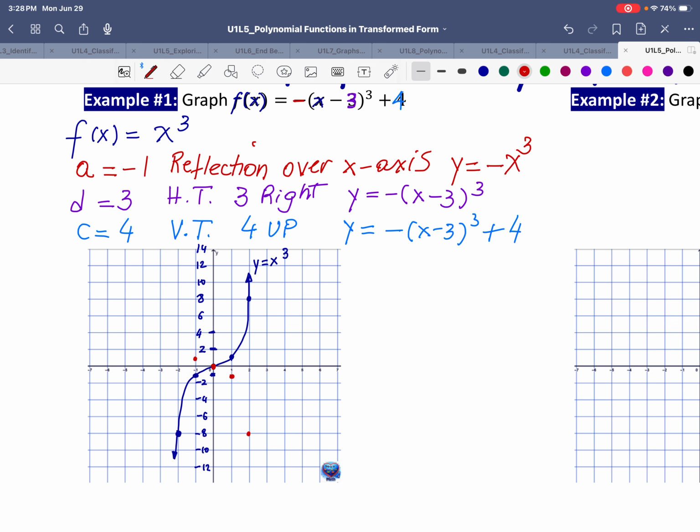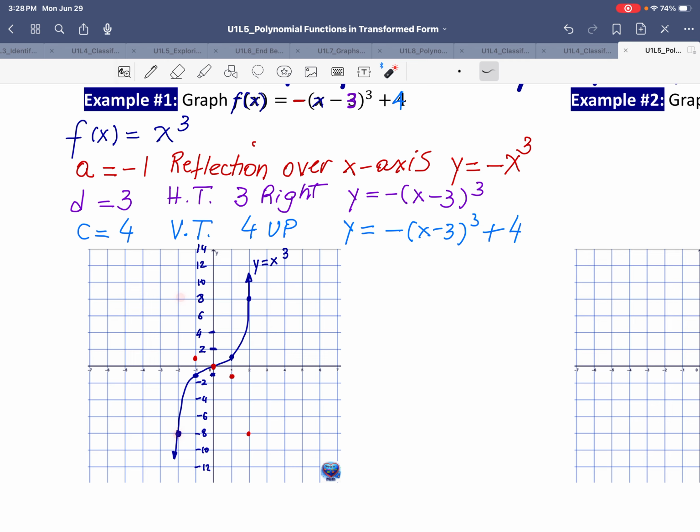Y equals negative 8 will go to the other side of the x-axis. And here go the points for y equals negative x cubed. So here we go again. We'll connect the points and make a nice smooth curve and extend it a little bit and label the graph. Don't forget to label every intermediate step.